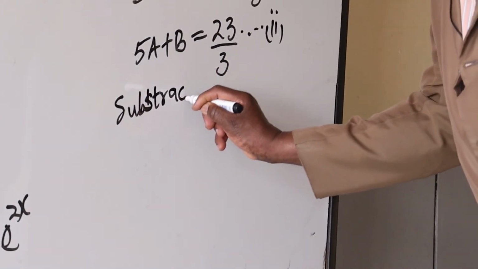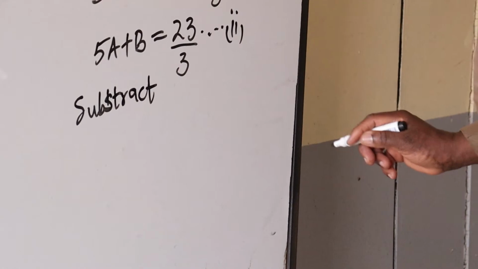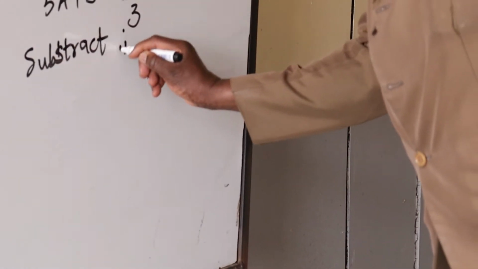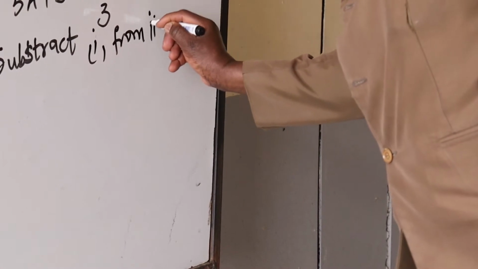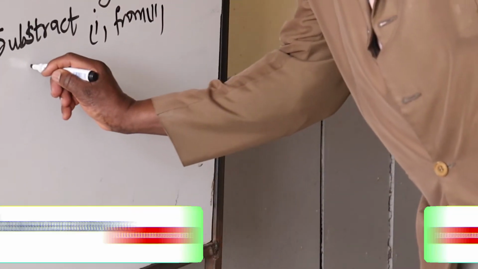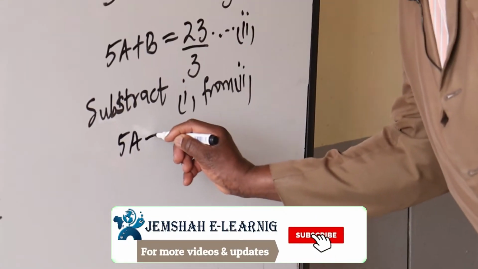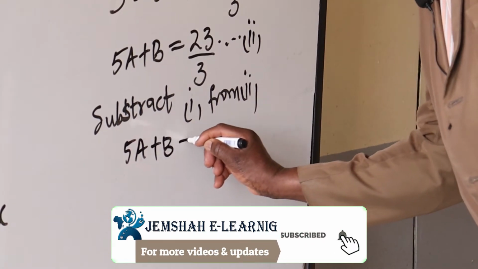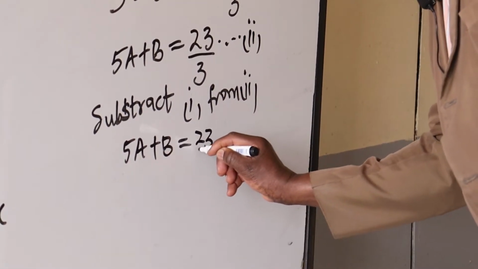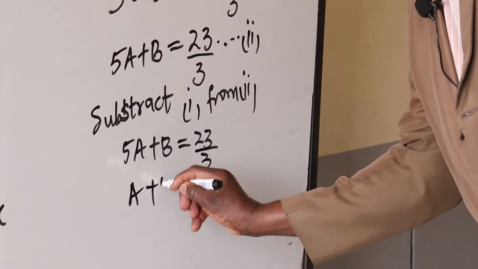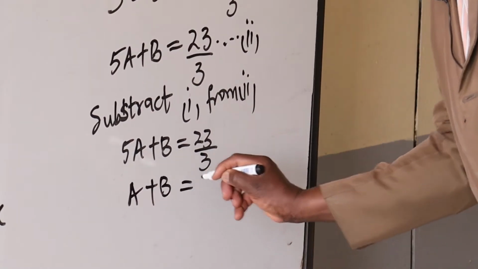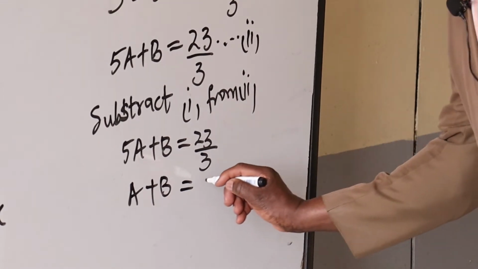So we subtract 1 from 2. We are subtracting 1 from 2. 5a plus b is equal to 23 all over 3, and a plus b is equal to 10 all over 3.